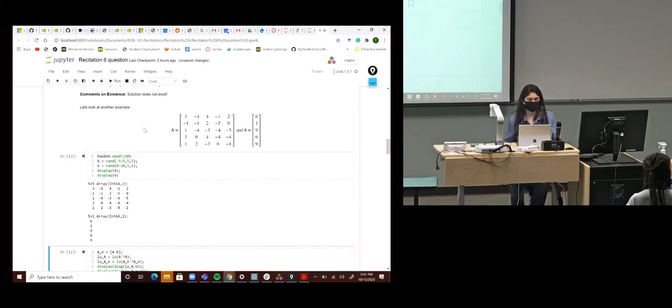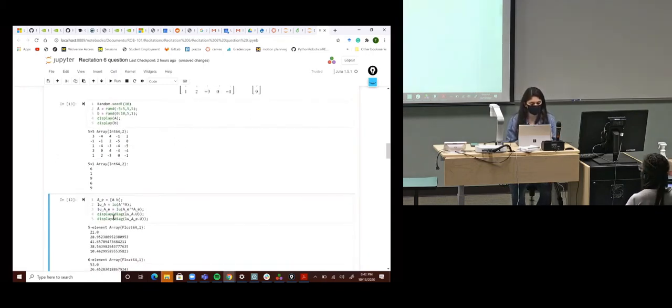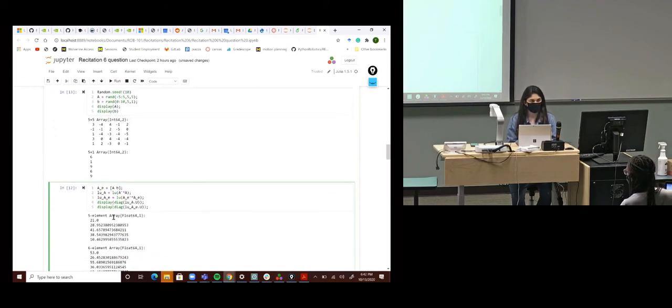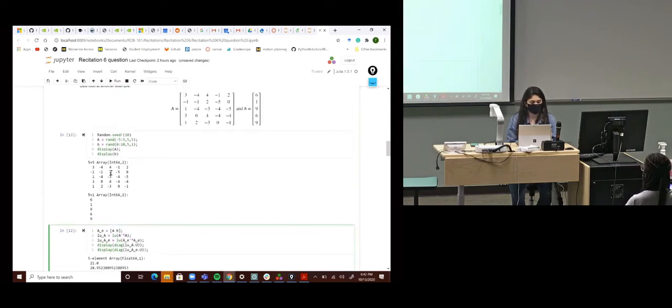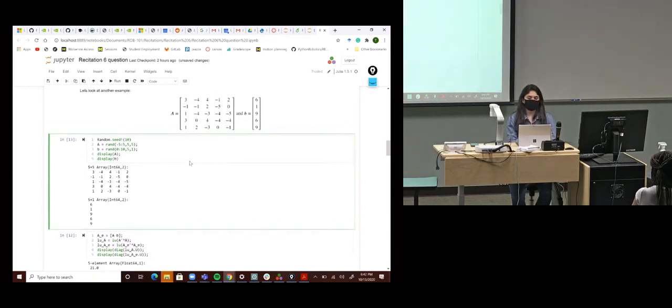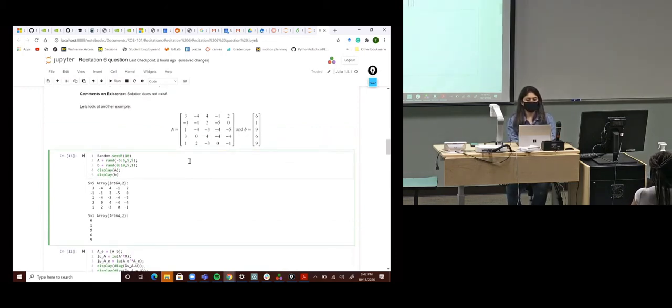Which cell does that? Is it this one? Yes. Do you want to display your A and your B matrices to make sure they're the same? Oh, it's saying B is not defined. Do you want to copy this statement?